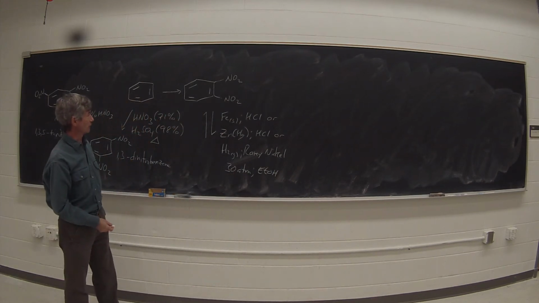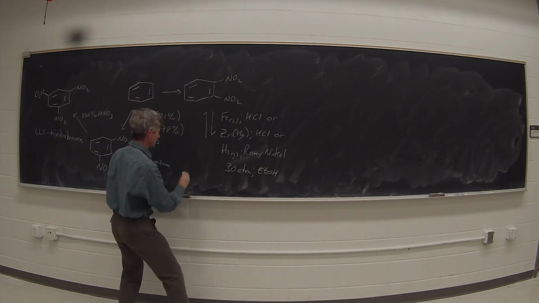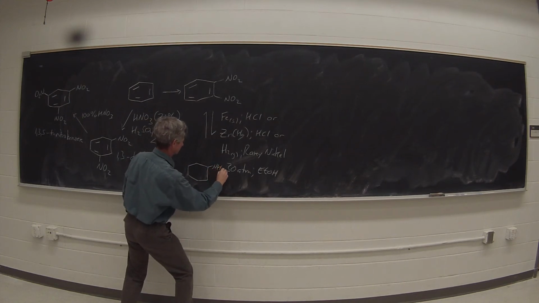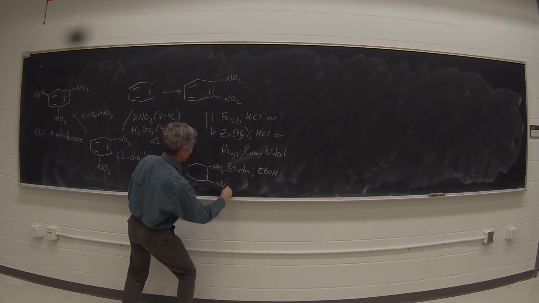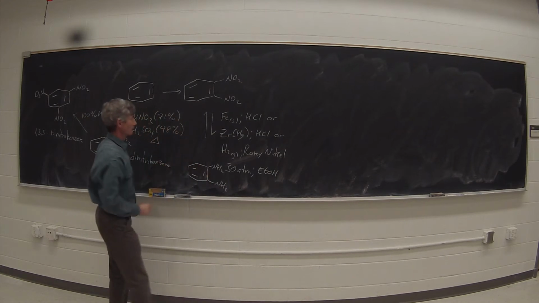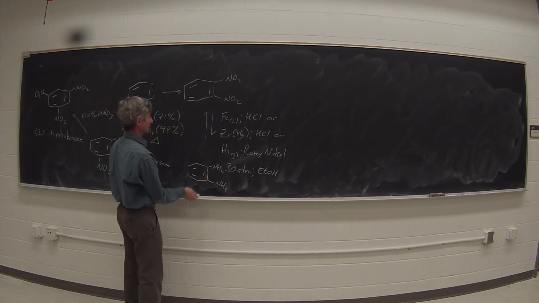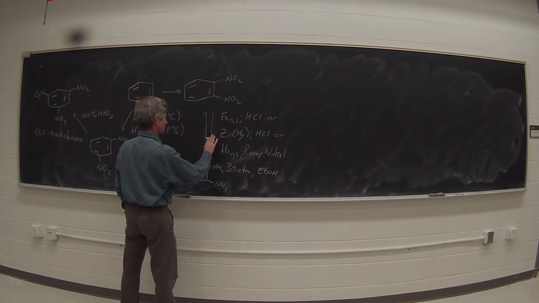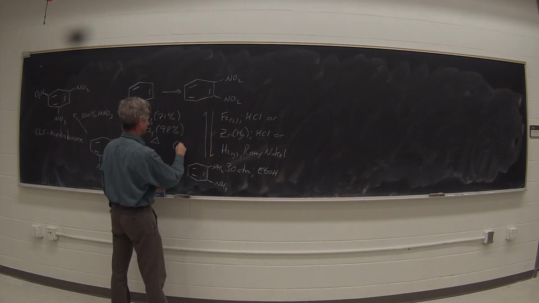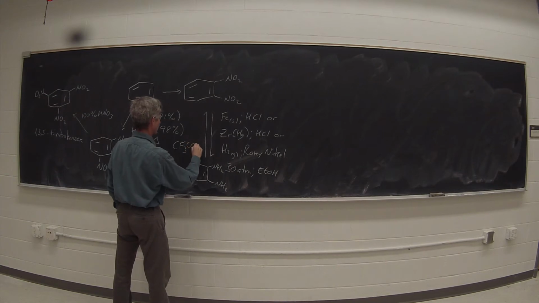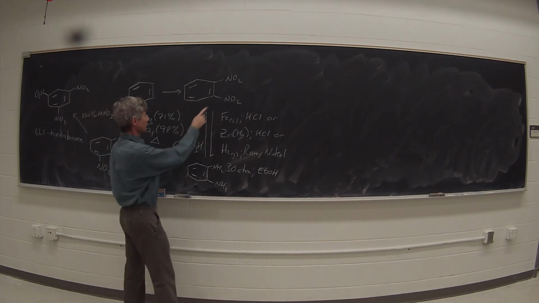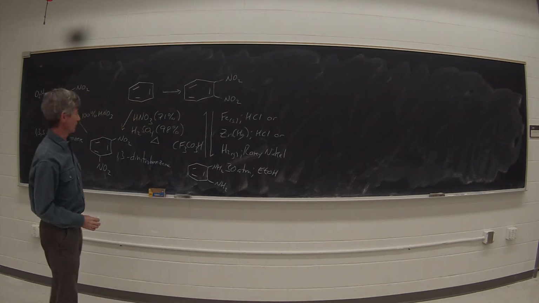All 3 of those are effective ways to convert nitro groups into amino groups. And we know that we can go back from the aminobenzene to the nitrobenzene using a peroxy acid, CF3CO3H, trifluoroperoxyacetic acid. So we can readily go back and forth from one to the other.